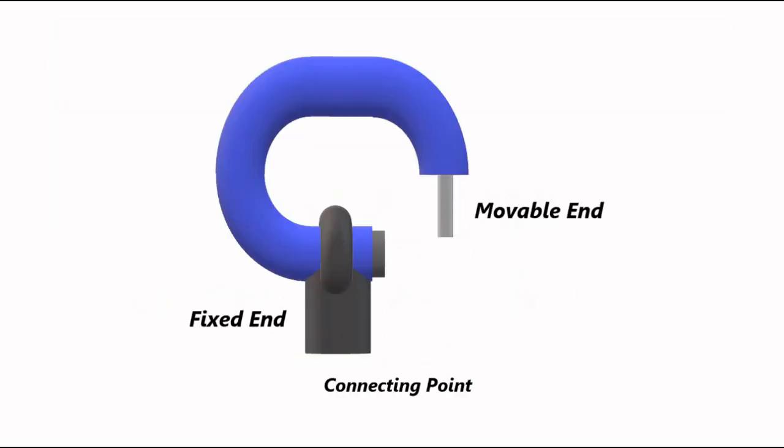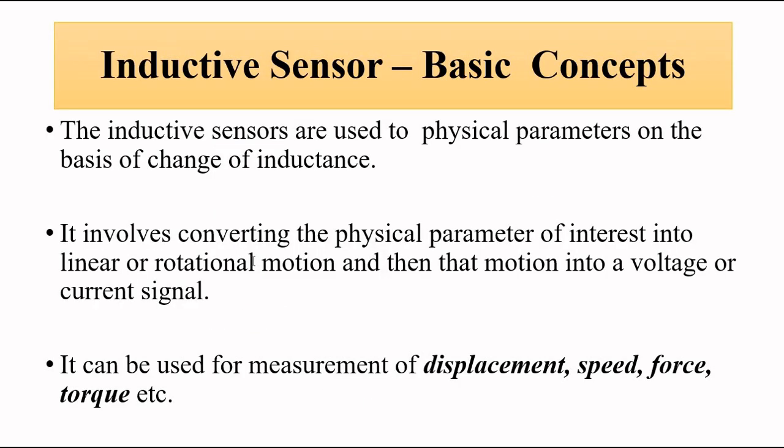Next we have the inductive sensor. Now the inductive sensor is based on the principle of self-inductance. So it can be used for measurement of various parameters. In this case we are trying to use it for calculating the level. So in a way we are trying to measure displacement, a change in position.